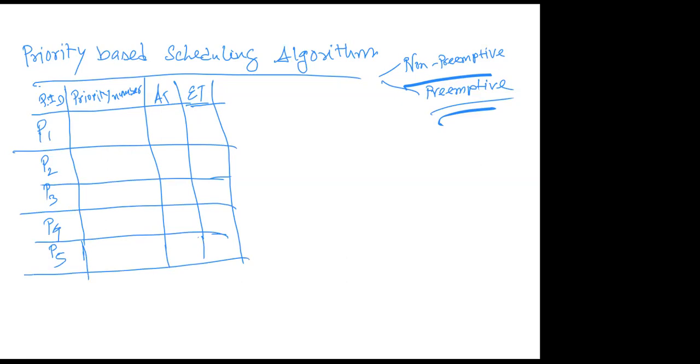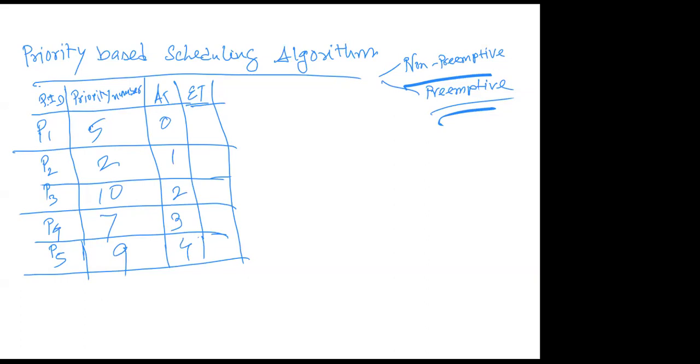Let's say your operating system set the priority numbers for the processes P1 as 5, then 2, and then 10, 7, 9. It's kind of like this. And then arrival times, let's say 0, 1, 2, 3, 4.